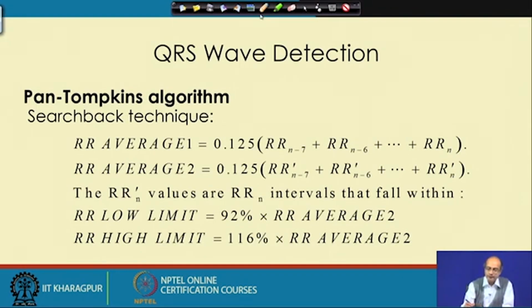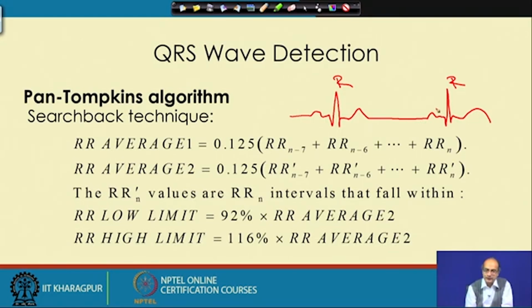If we have an ECG signal, we know that we get the P Q R S T, then a gap, again we get P Q R S T. In between the two beats, the difference between the two R's is called the RR interval, and for this RR interval they have two average estimates.